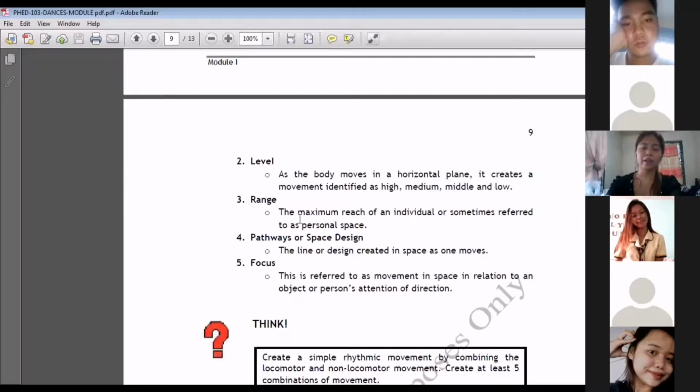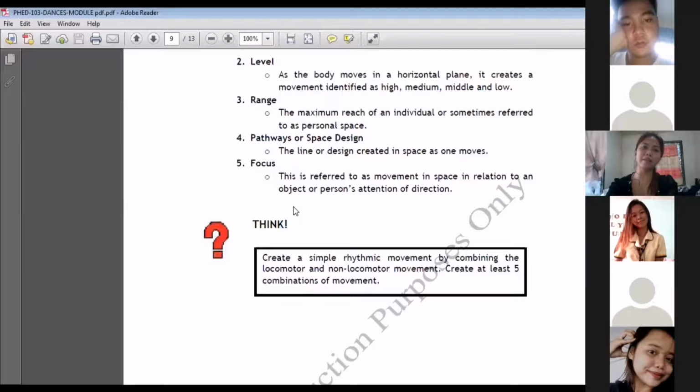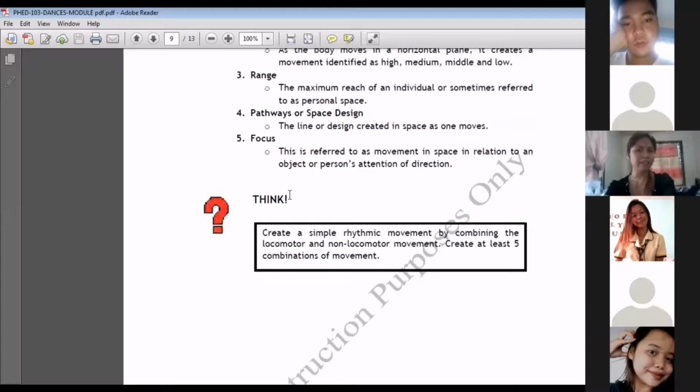Okay. Then, of course, the last element is your focus. Importante ba ang focus? Is focus important? Yes, ma'am. Bakit? Why? Para magawa mo yung mga step or yung mga movement.